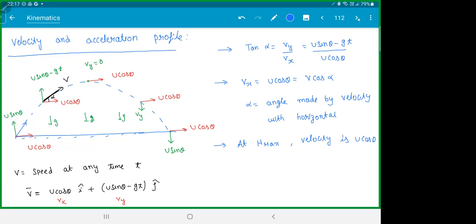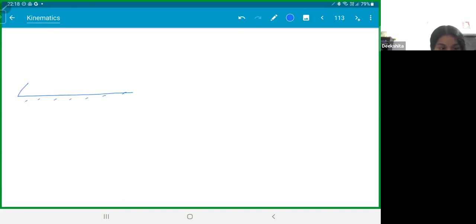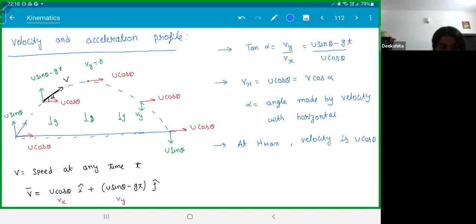So let me just brief up all the formulas in one page. Clear with this, everyone? So can you just go to the previous page?